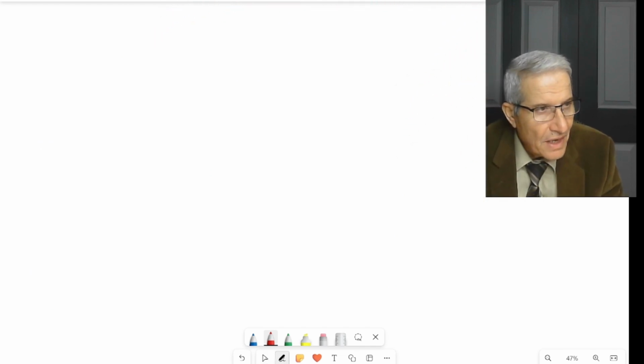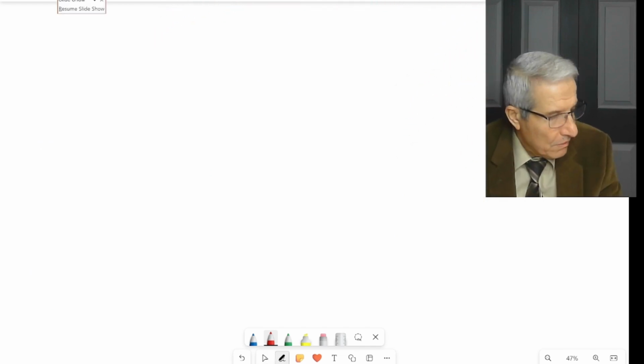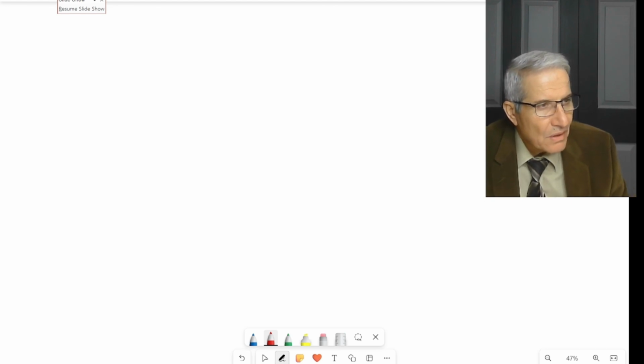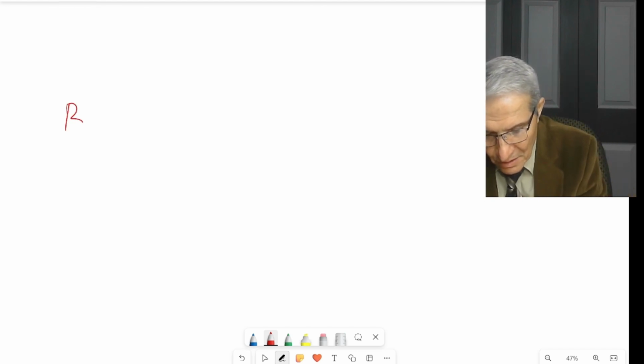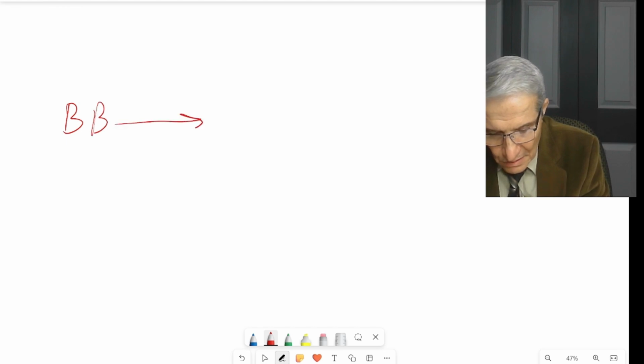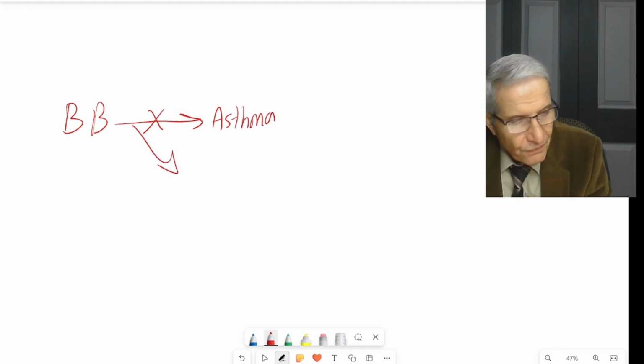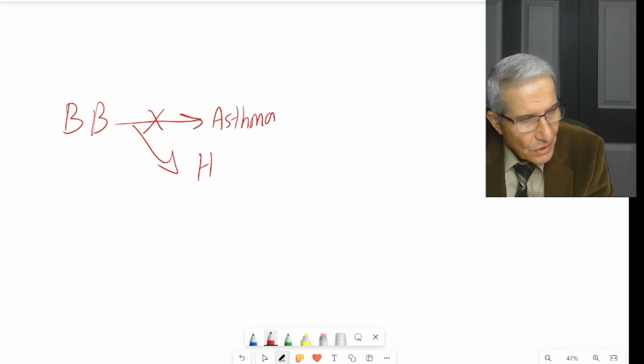So we have 3 cases here where we don't prefer to prescribe beta blocker. Not prefer to prescribe in patients with asthma. Not prefer to prescribe to patients with a second and third degree heart block.